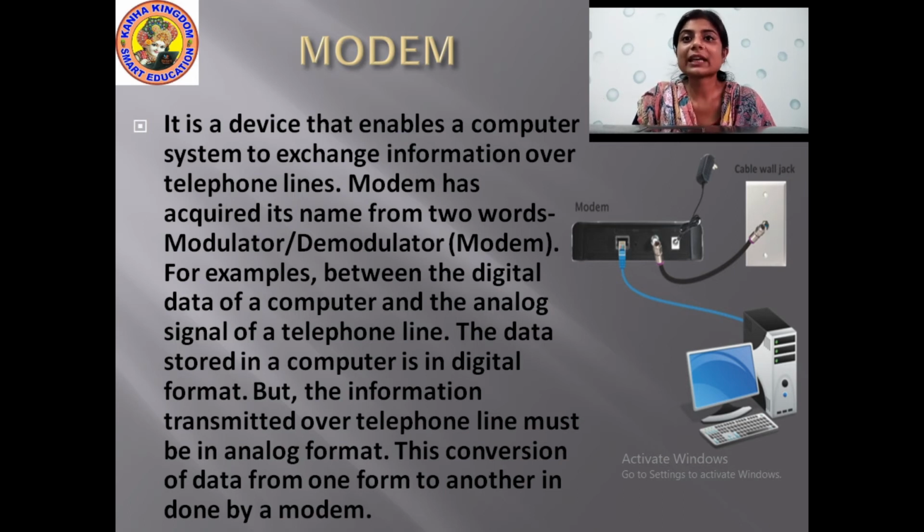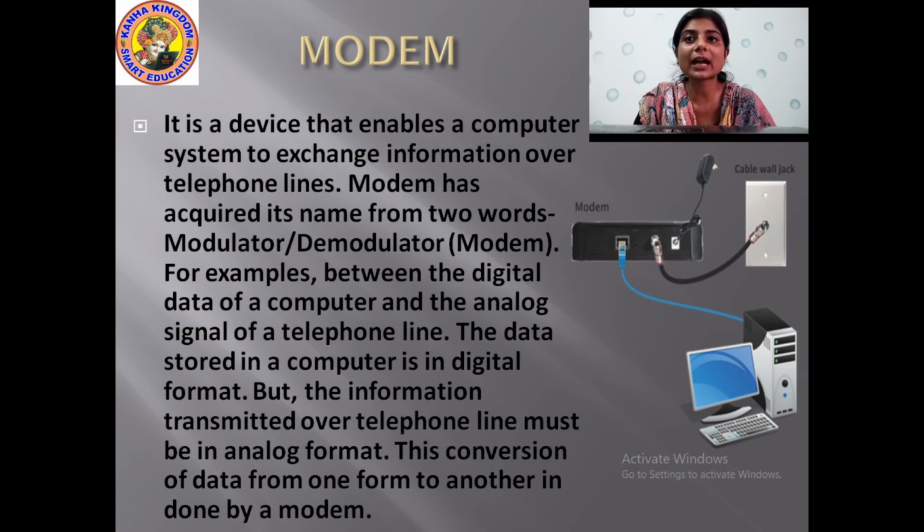The data stored in a computer is always in digital format. But when you want to receive that data over the telephone, it will be transferred into an analog signal. Here the digital signal is converted into the analog signal through the telephone cables or wires.